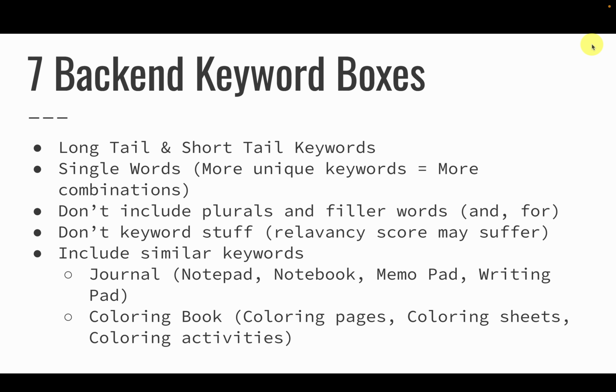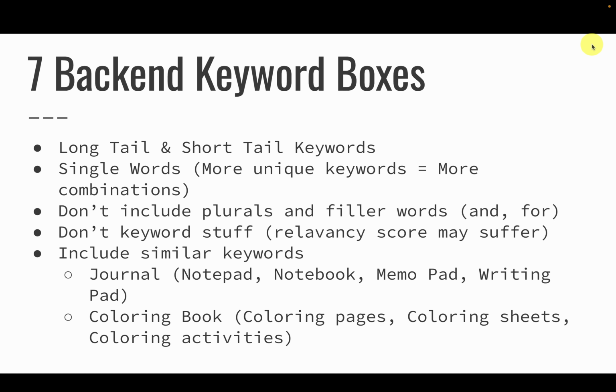The reason I do this is because with the long tail and the short tail keywords, you might have duplicate words in those keywords. And the fact is, Amazon is only going to index one of those words, so you're using extra space to put in the same word. If you do single words or more unique keywords, technically it means that Amazon will be able to create more combinations for your book to show up under different keywords.